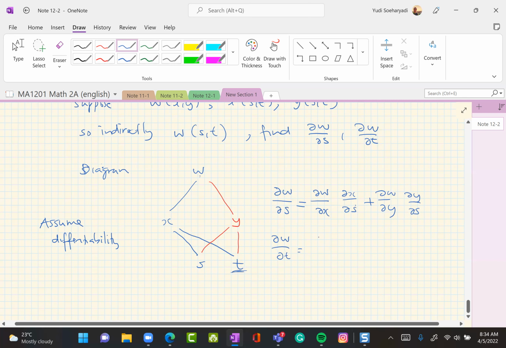So first, the blue one goes through x, and the other goes through y.